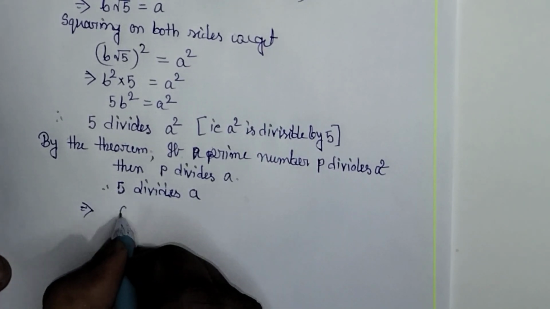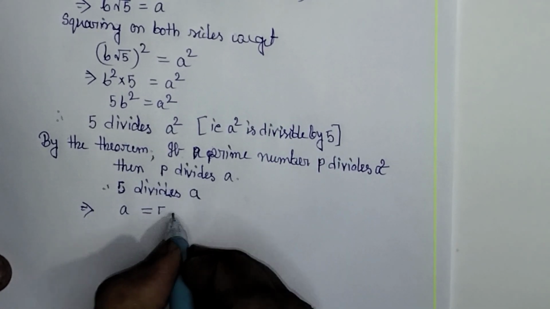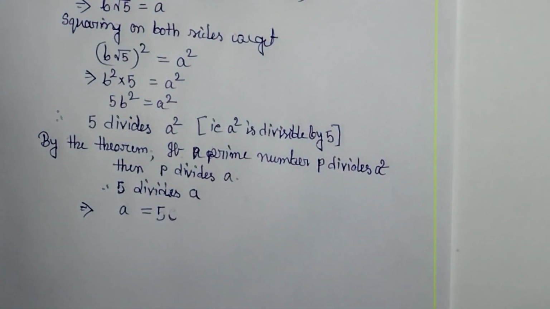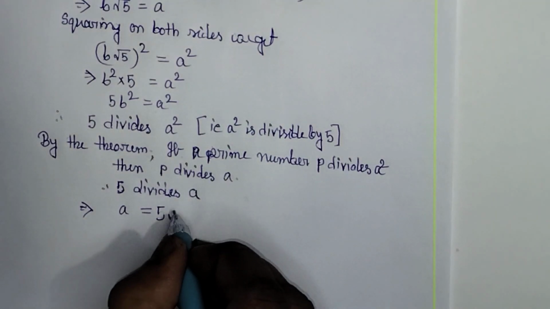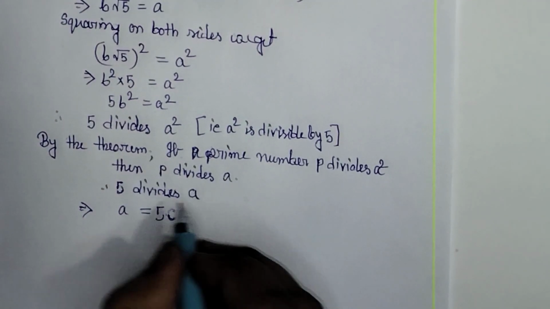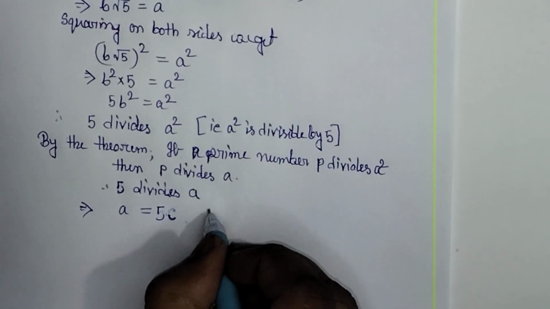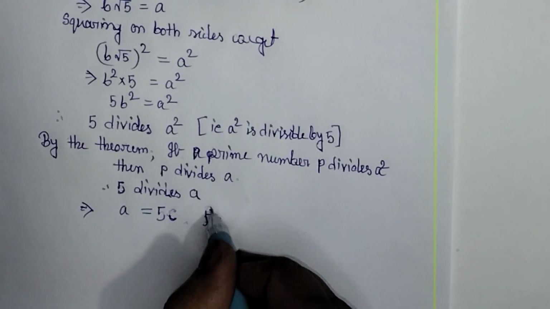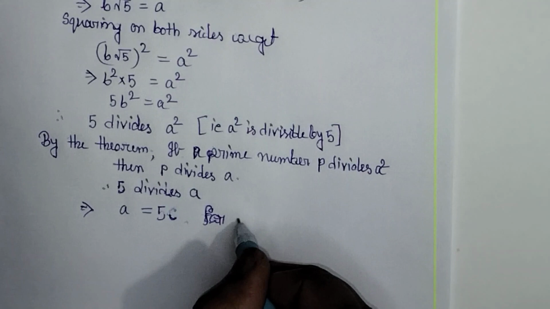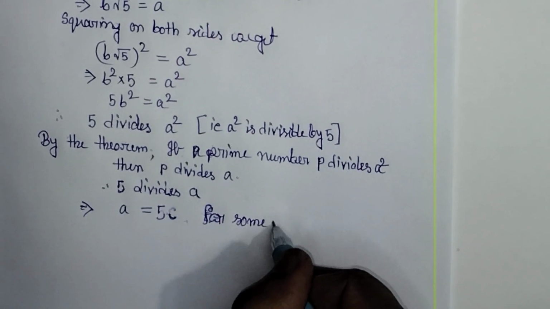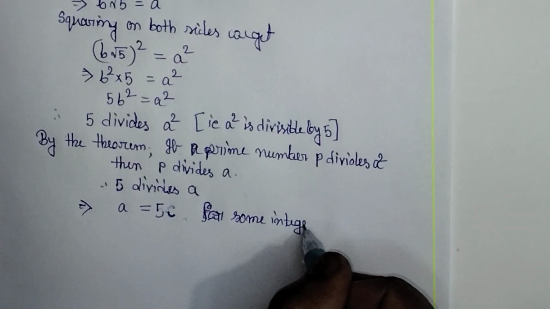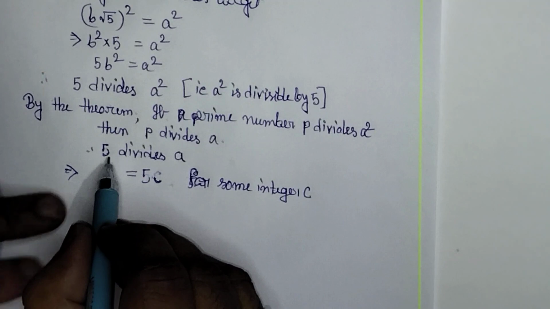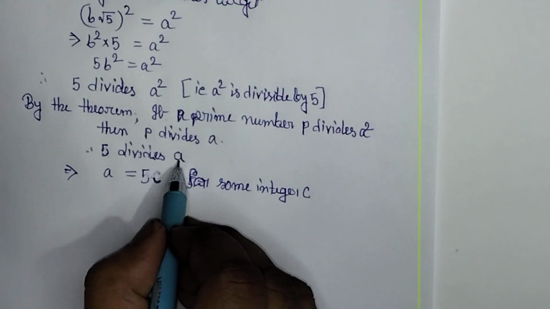This implies A equals 5C for some integer C. That means 5 divides A, then A is divisible by 5.